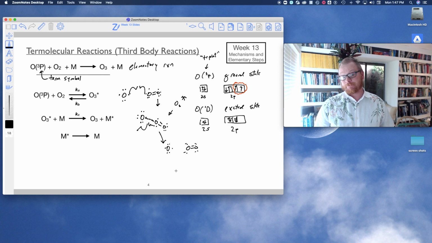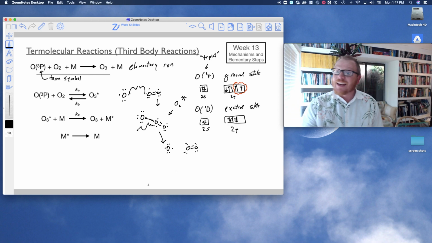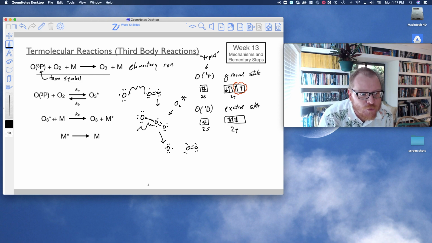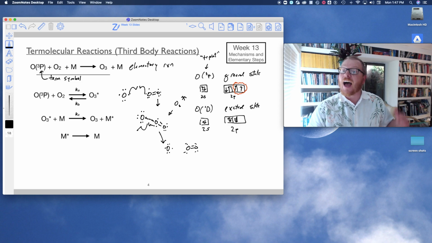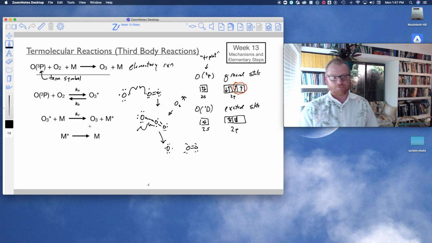and O2. So now this third body, which is the opposite of what happens in the Br2, collides with this unstable molecule and takes away some of its excess kinetic energy and allows the molecule to stabilize.